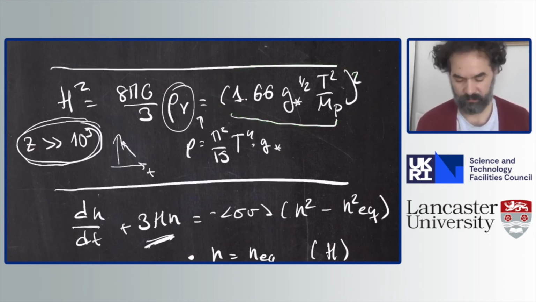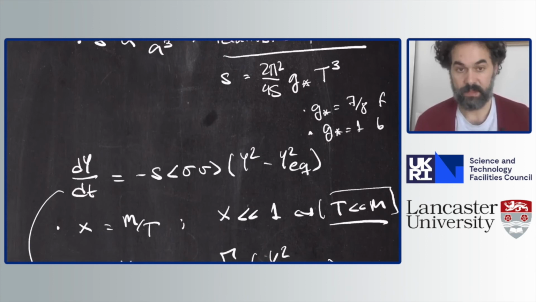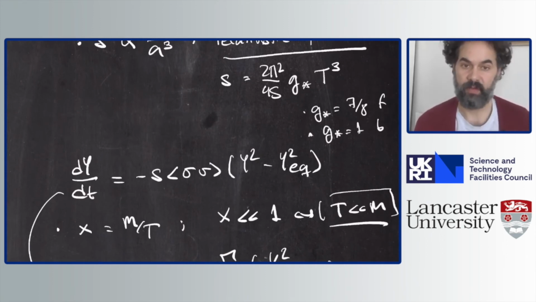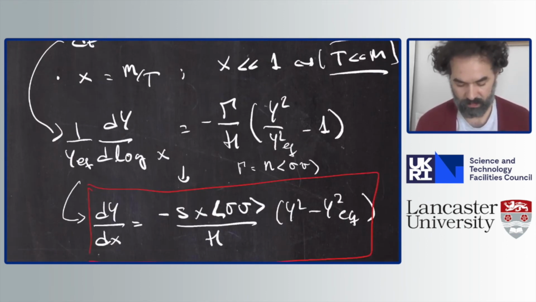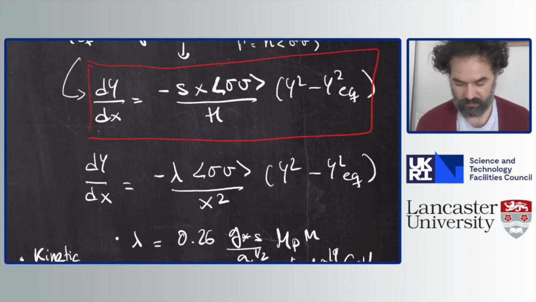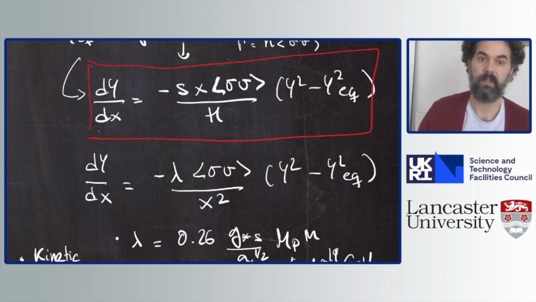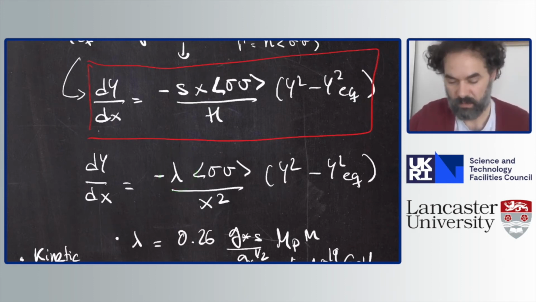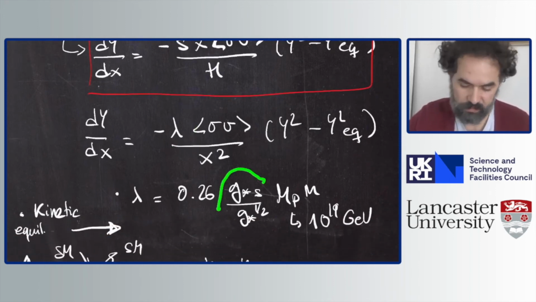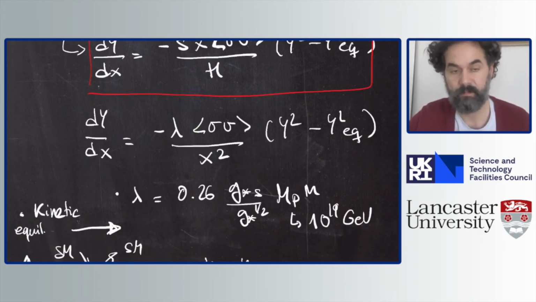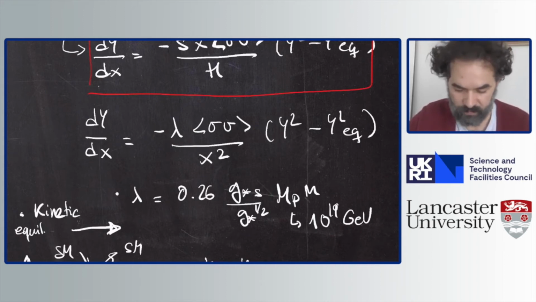Here it is, which is going to depend on the number of degrees of freedom in the plasma. Both of them are going to depend on that. And finally, these two functions simplify into a constant multiplying this equation, which is a constant depending on the number of degrees of freedom, g star.